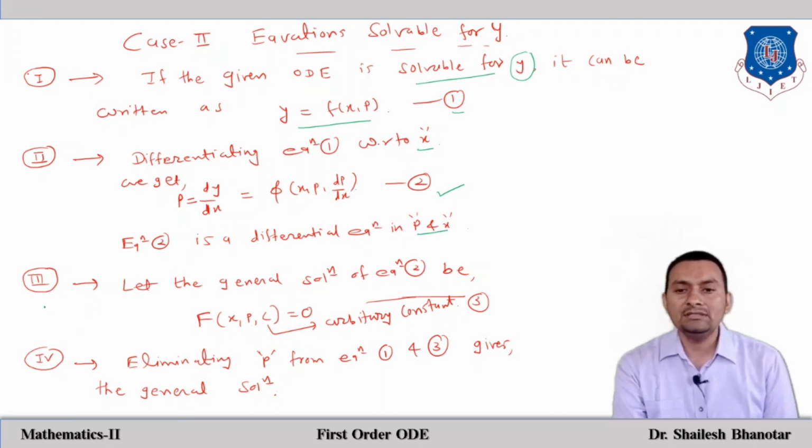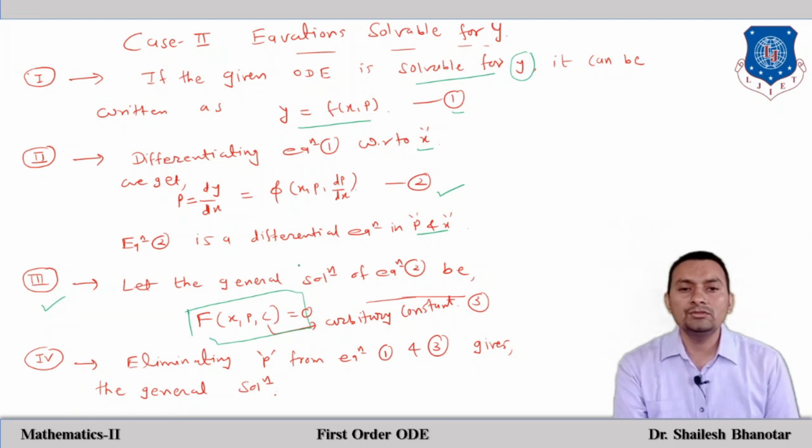In step number 3, we will keep in mind that the general solution of equation number 2 is f of x, p and c equal to 0, because this is a differential equation in terms of p of first order, and therefore an arbitrary constant is there. So this is equation number 3.